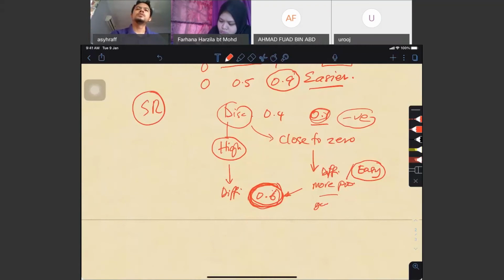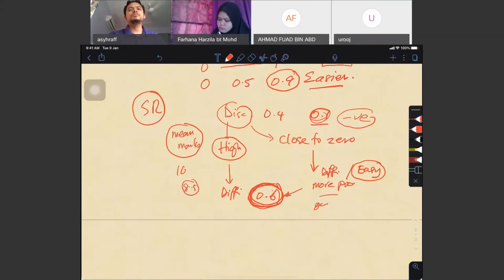Instead of how many got it correct for difficulty, you can use the mean mark for that question. Let's say the maximum mark is 10, and the mean mark was 8.5. So 8.5 over 10 is 0.85.